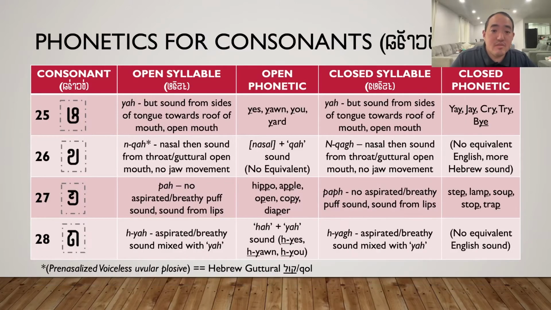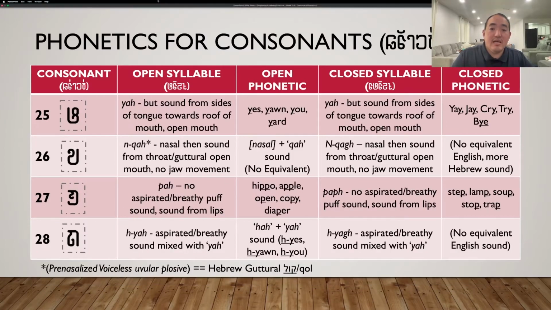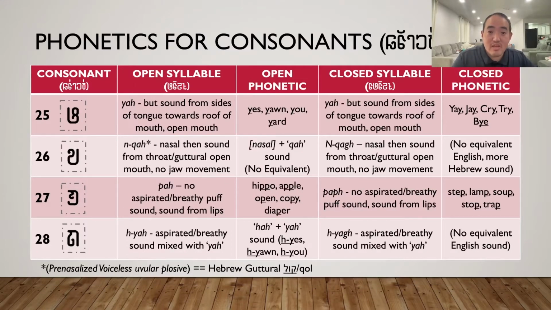But this one is a nasal sound with a throat or guttural sound with an open mouth, no jaw movement, right? You add that nasal sound to the ka sound that we just learned, and you'll get that sound. Nga, nga, nga. That's how you get the open syllable.